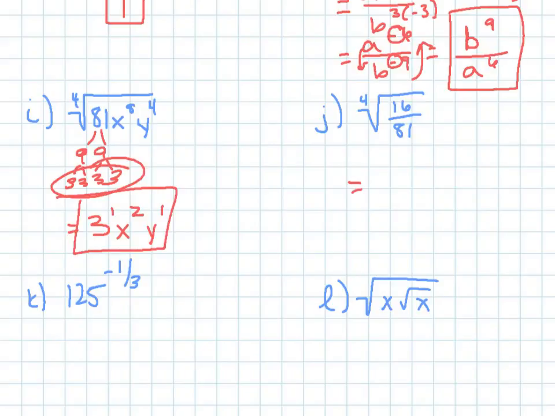Okay. Now here you can use one of your properties, and we could have done it with this one too. You could have split them all up if you like that better. Let's fix those parentheses.